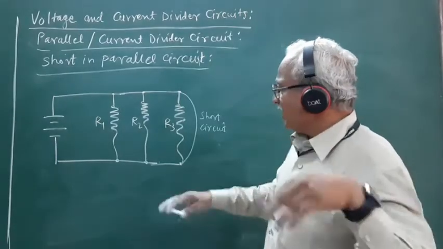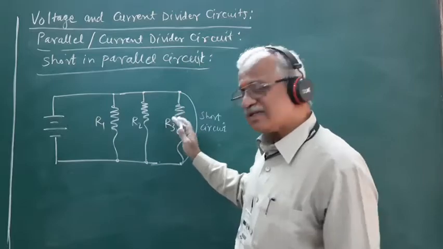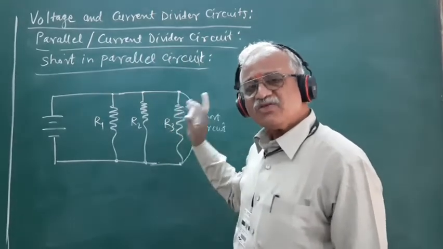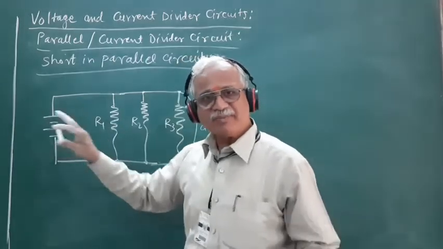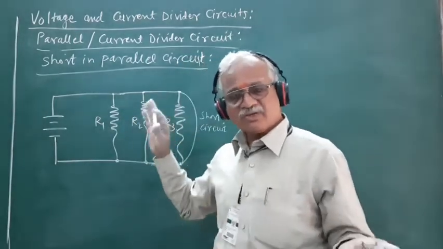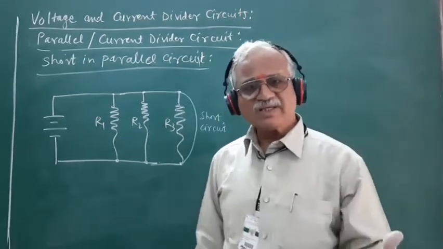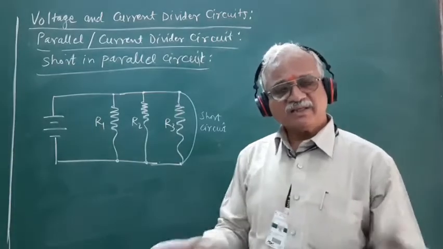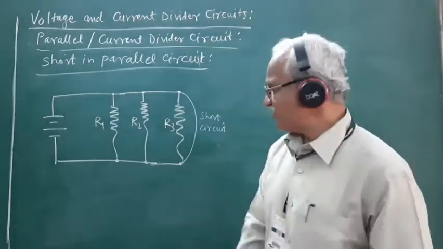It means that this short appears across the source of EMF itself, and in such a situation tremendous current will be drawn from the source of EMF, and it may get permanently damaged.